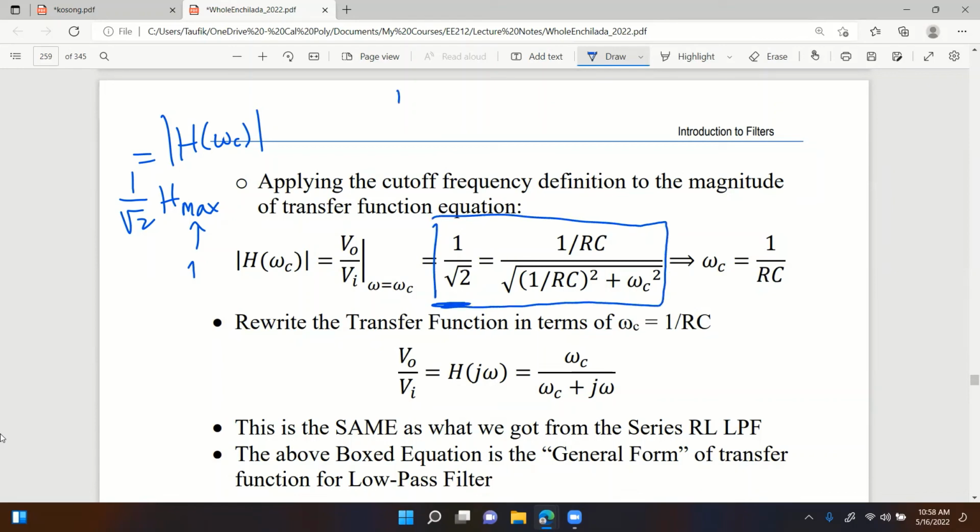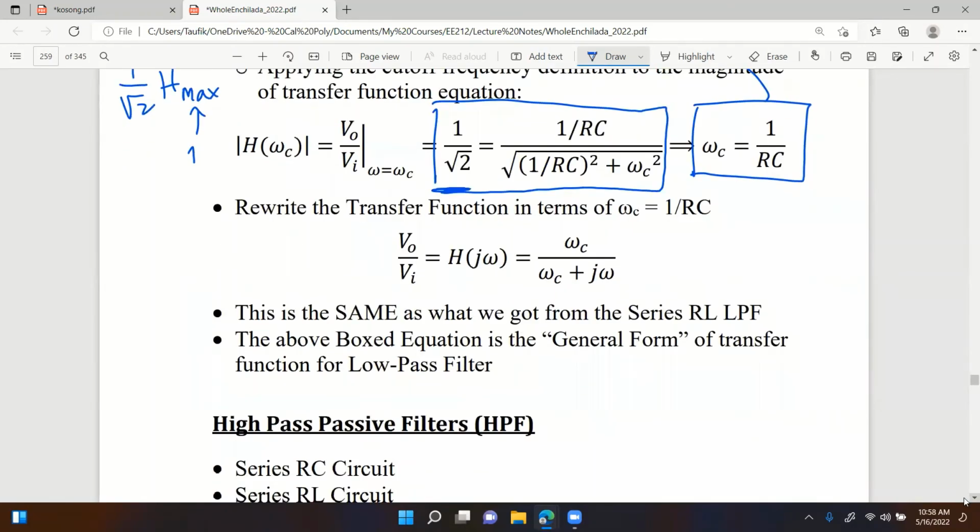We already know from the transfer function earlier that our cutoff frequency is 1 over RC, but this is just mathematical proof that it is. Once you set this equation, you get omega c equal to 1 over RC as expected from the previous transfer function. Any question on this? No?